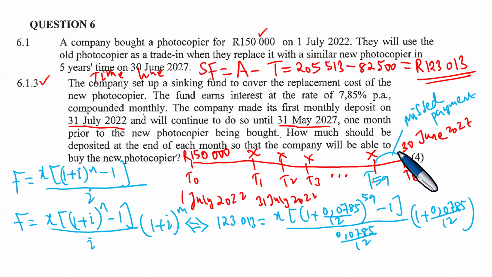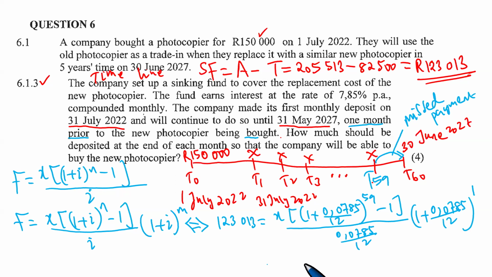Now here it provides 1 month. It was exactly 1 month prior to the new photocopier being bought. The new photocopier is going to be replaced in 5 years' time. So it was 1 month here, and then we're going to put 1 like this.